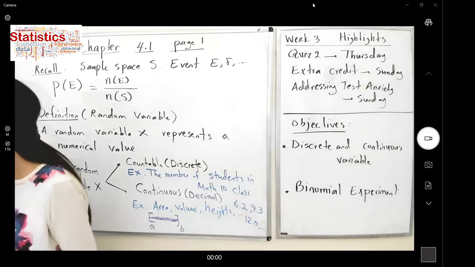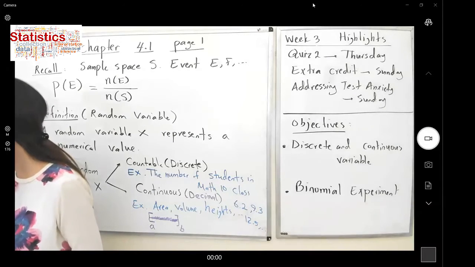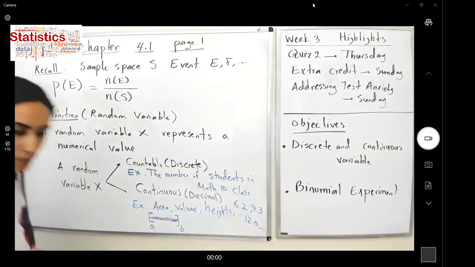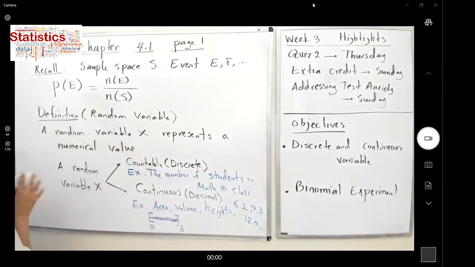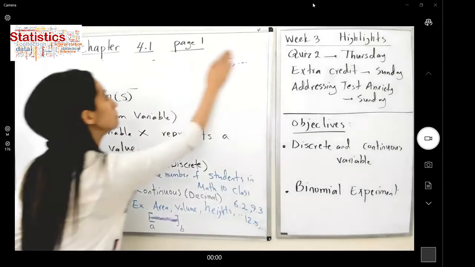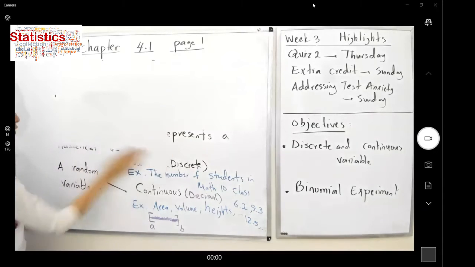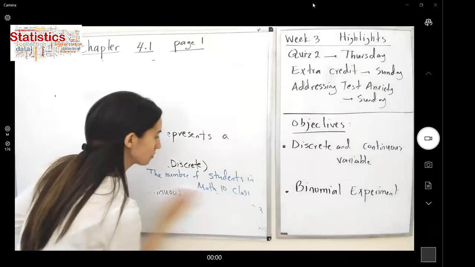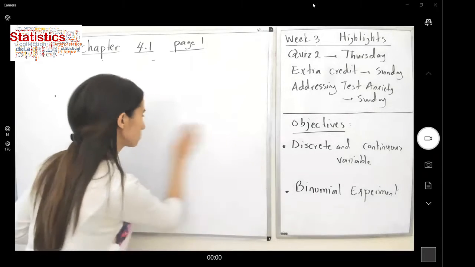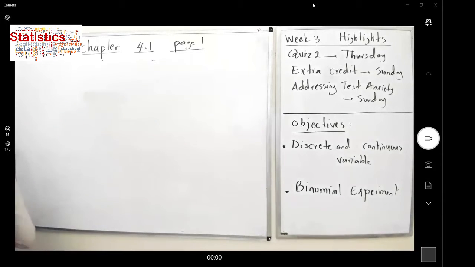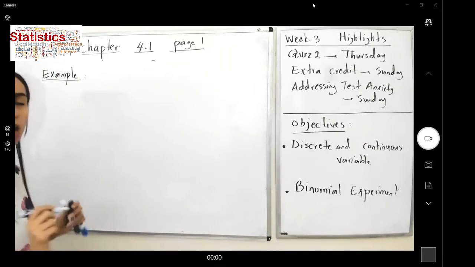Well, let us move on to more examples. We are still on page 1 of the note. Very good. Here you have an example. So question says which one is discrete, which one is continuous.